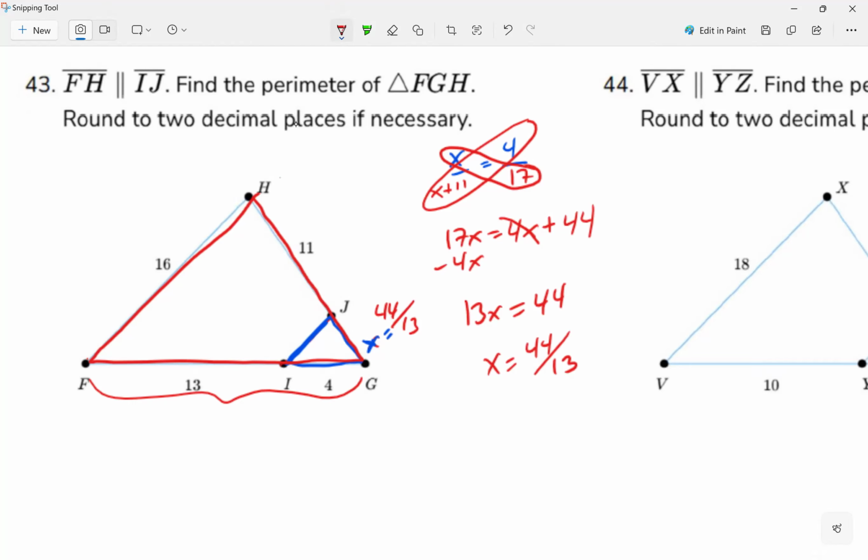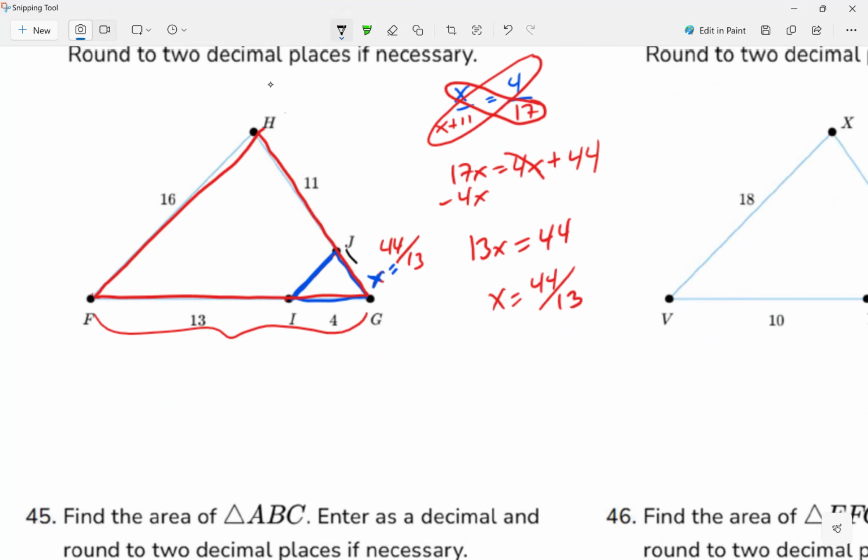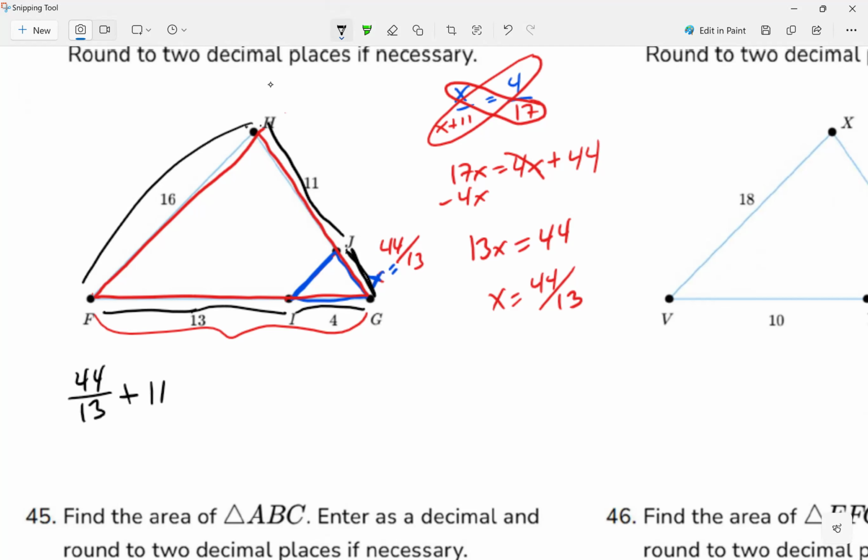So now for my perimeter, I have to add all my sides, right? I know this side is 44 over 13, plus 11, plus 16, plus 13, plus 4.